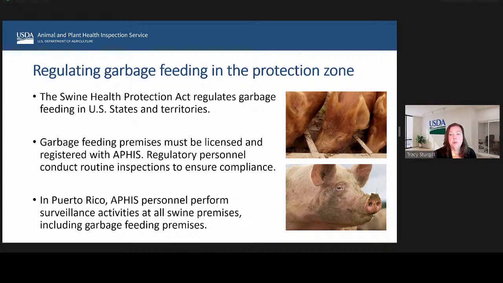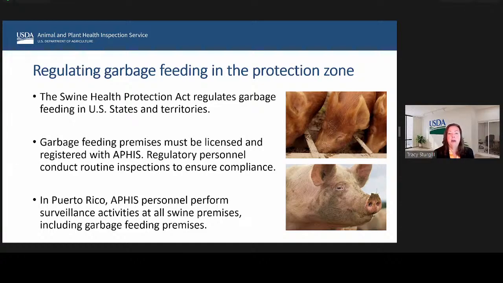And under the Swine Health Protection Act, owners must be licensed in order to feed this type of product to their pigs. And commercial premises that feed garbage are registered in the Emergency Management Response System. So producers receive routine inspections from APHIS and or state employees to make sure that the garbage being fed to their swine undergoes the proper cooking and handling.